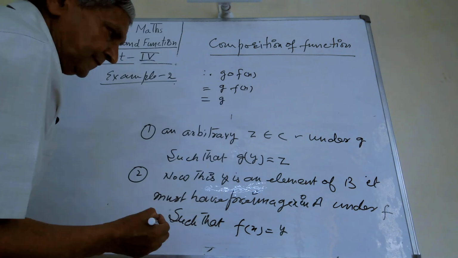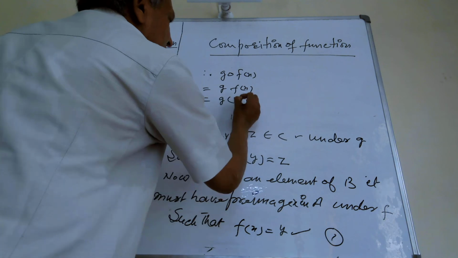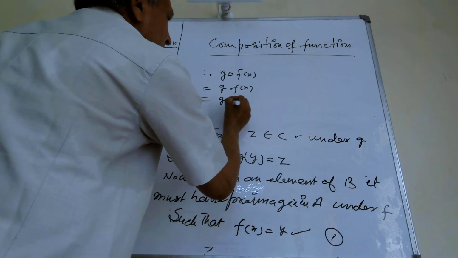Where is f(x)? This y. From the first, g(y), and from the second, g(y) is equal to z.